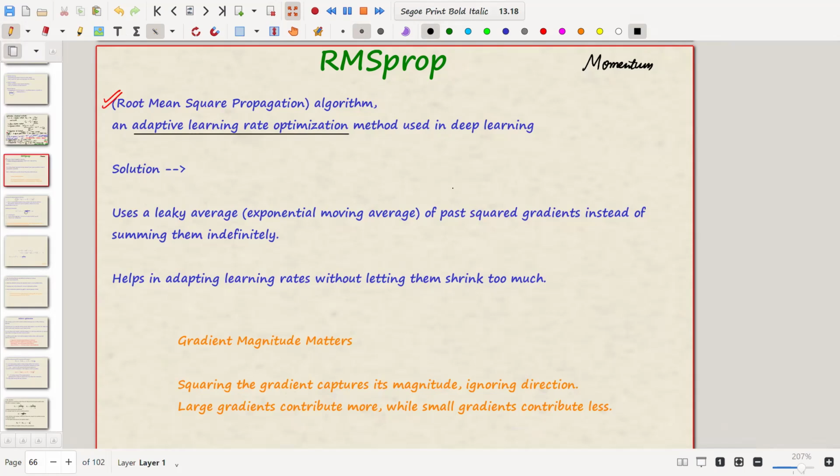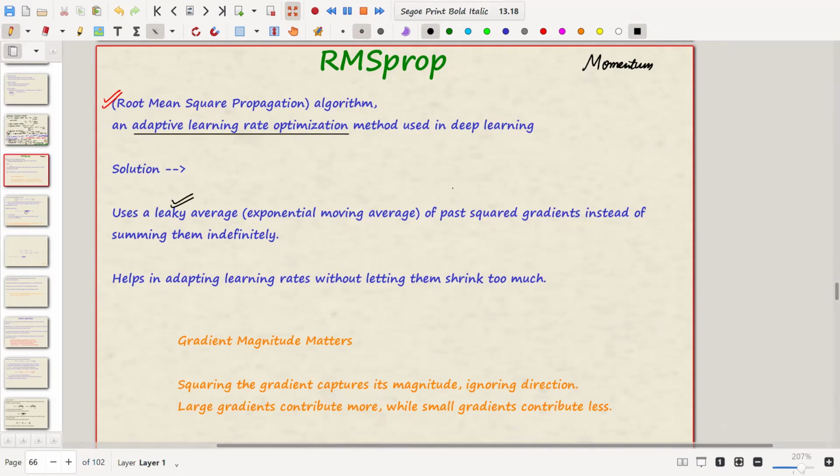Therefore, in momentum based gradient descent method, we came to know about the concept of leaky averages, that is, a moving average. The same concept is used in both RMSprop and Adam optimizer. I urge you to look into your notes.